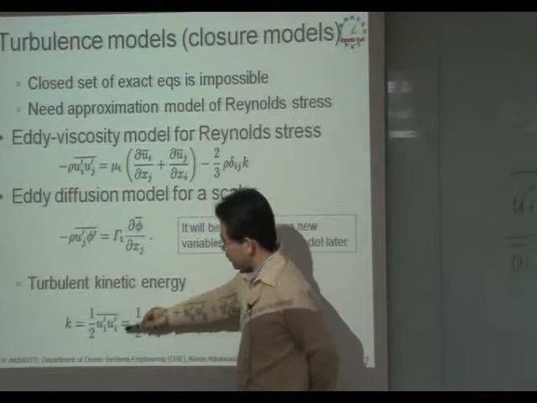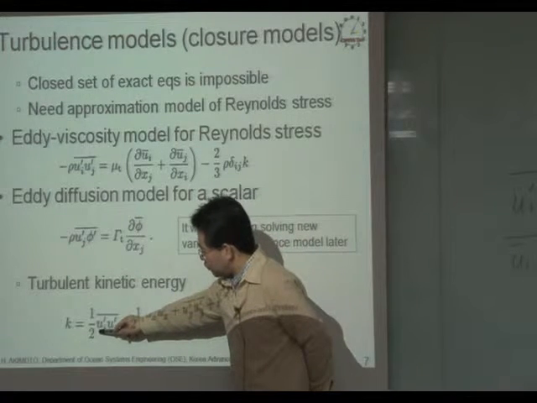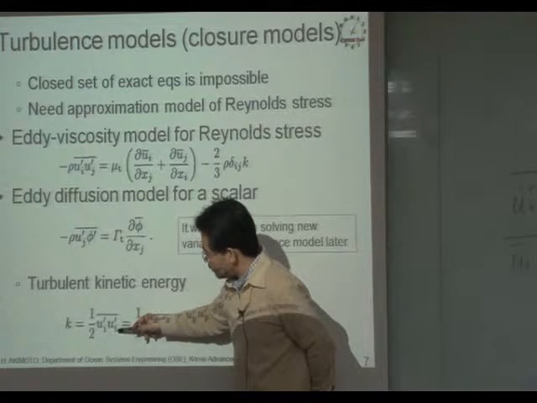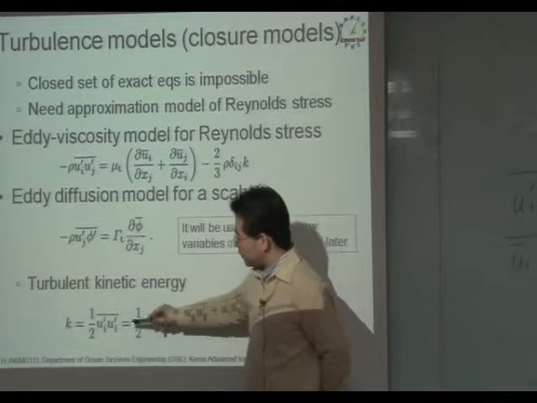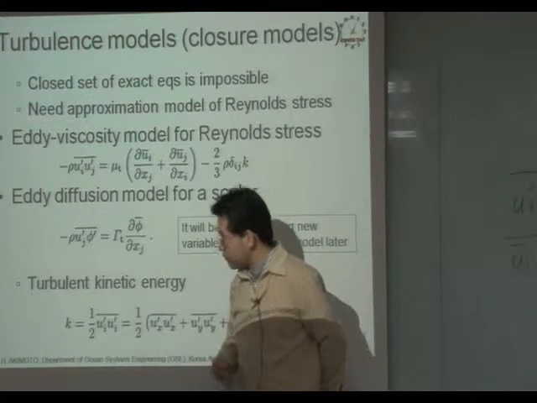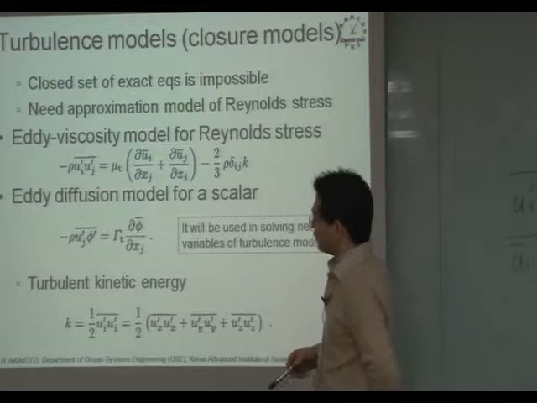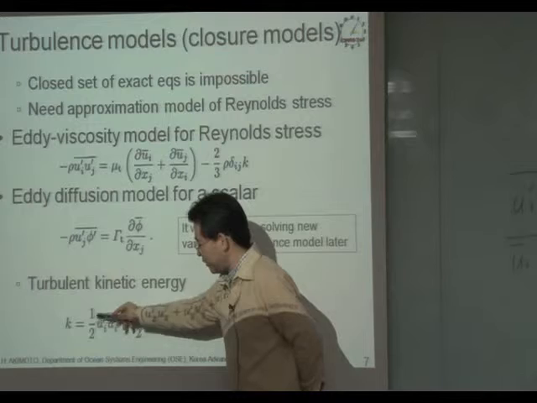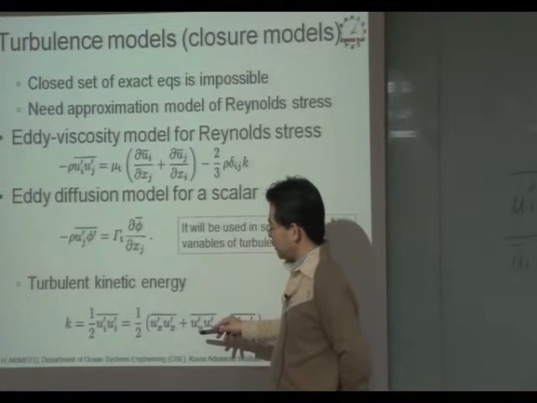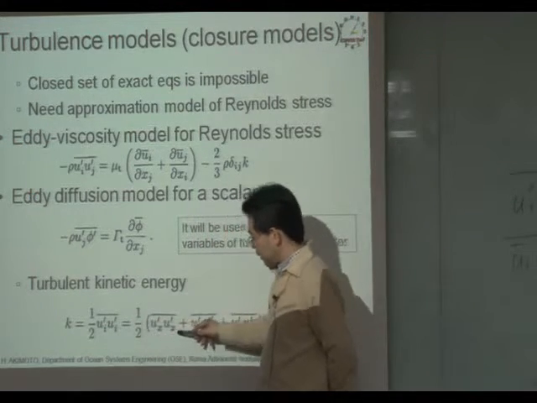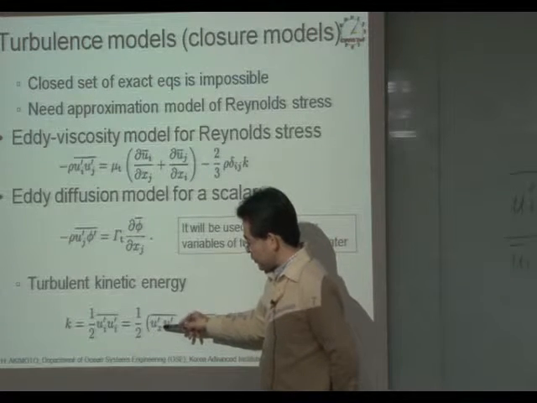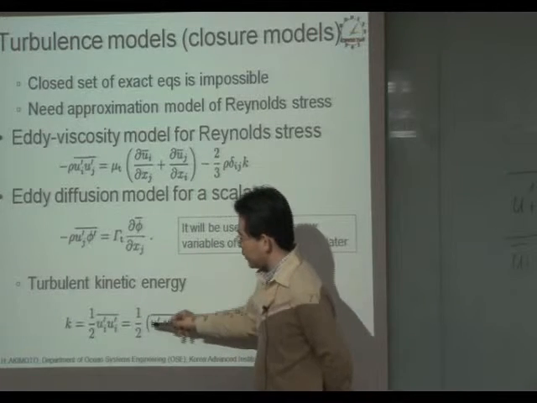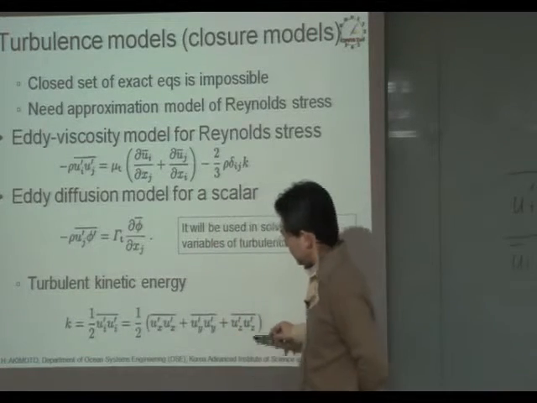The definition of K is 1/2 of ui prime times ui prime. This description is based on the Einstein rule. So if the same index appears here, it can be written as the summation of the squares of each component, like this.